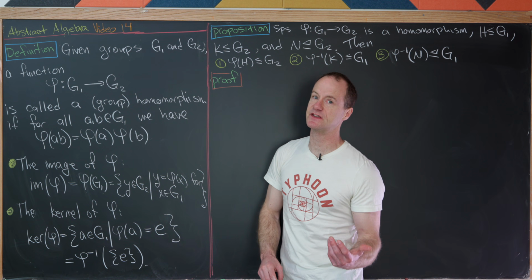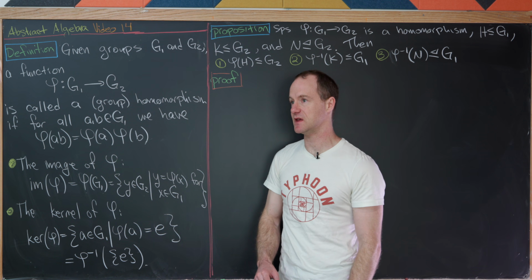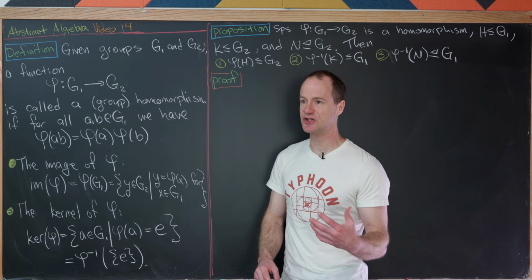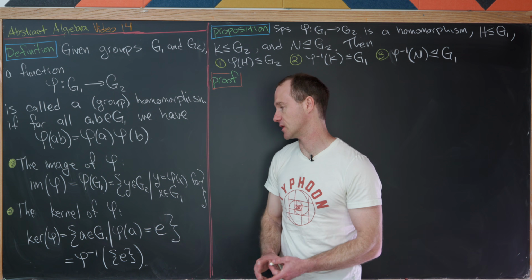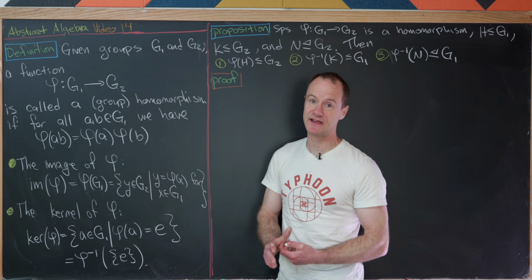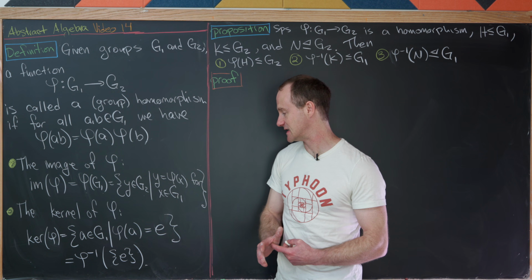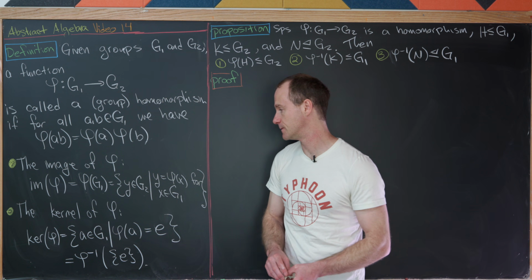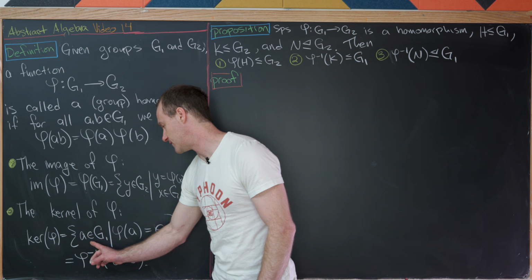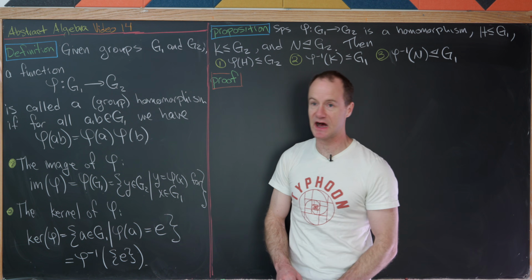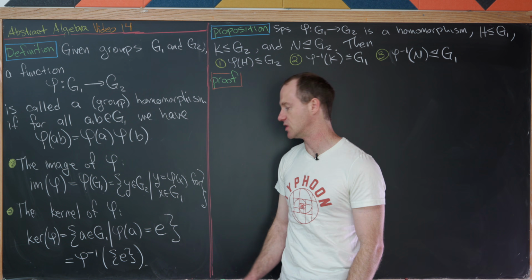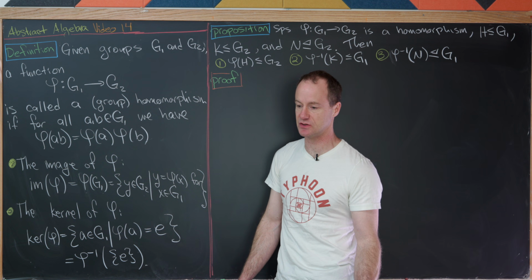And then next we've got this notion of the kernel of phi. And this is essentially a more general version of the null space that you learned in linear algebra. So the kernel quickly is everything that gets mapped to the identity inside of G2. So we would write kernel of phi equals all A in G1, where phi of A equals the identity, where this identity is understood to be happening inside of G2.